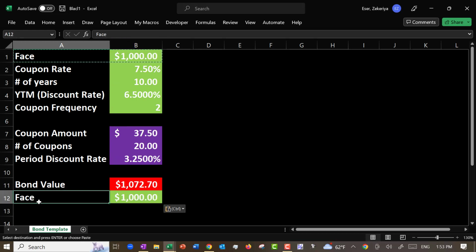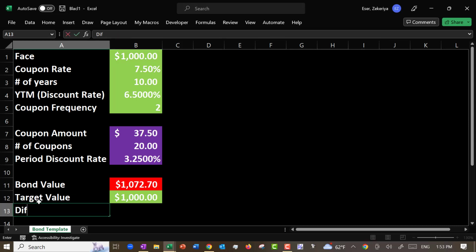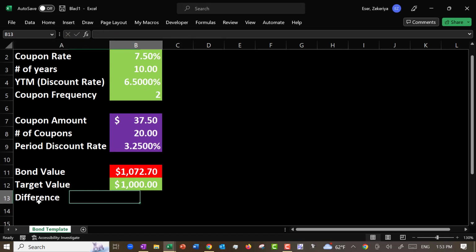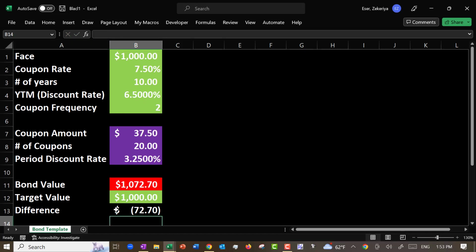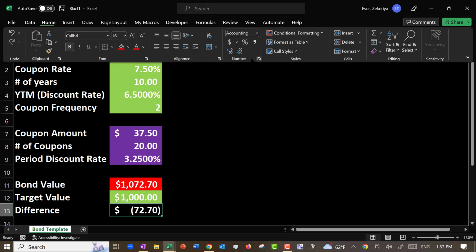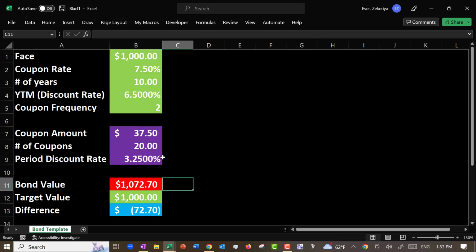Of course, we're going to calculate the difference. Sometimes I'm going to tell you what the bond value is, but you're going to end up figuring out at what yield to maturity, for example, you would get that bond value.